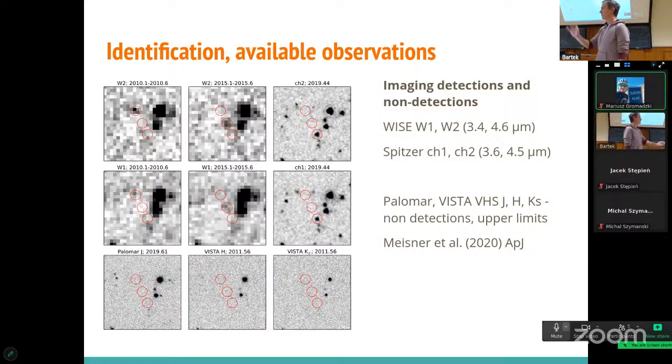The circles correspond to different observation epochs where we expect the source to be located. So we had detection in WISE W2, which is here and here, and Spitzer in the two channels, here and here. The rest that is shown here were non-detections.